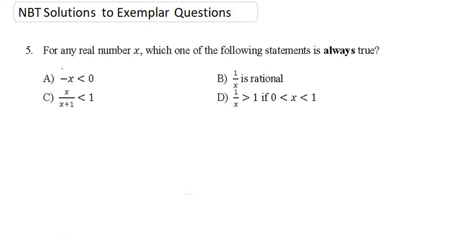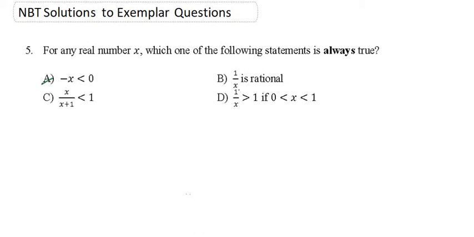Then yes, this would be -2, and it is less than 0. But what if x was -2? Then is it really less than 0? No, because then the answer would be 2, and 2 is greater than 0. So no, A is not always true.